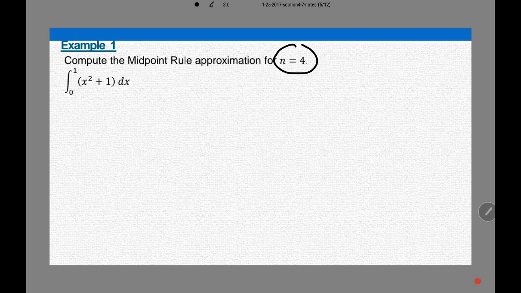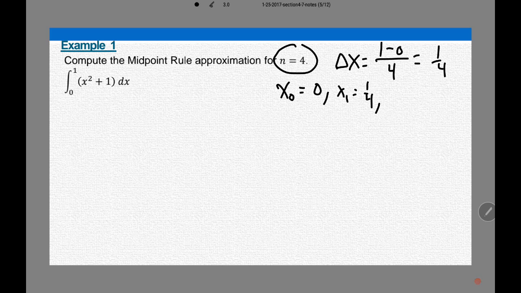So here we've got n equals 4. Just like before, delta x is (b minus a) over n. In this case, we have (1 minus 0) over 4, so my delta x is 1/4. And we're pretty much just going to figure out our numbers. Our subdivisions: our first x would be 0, our second x would be 1/4 away from that.